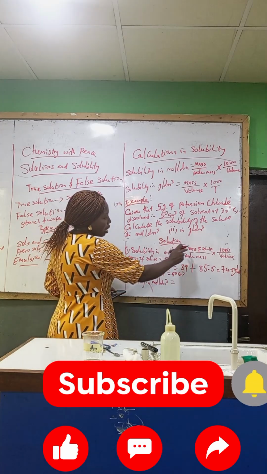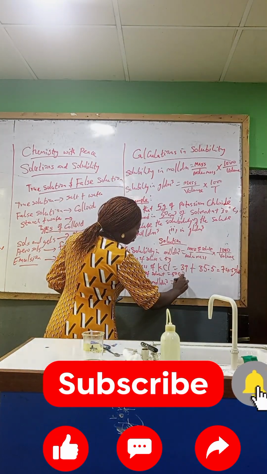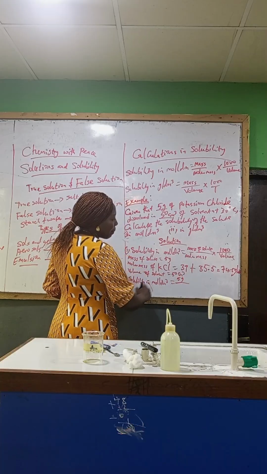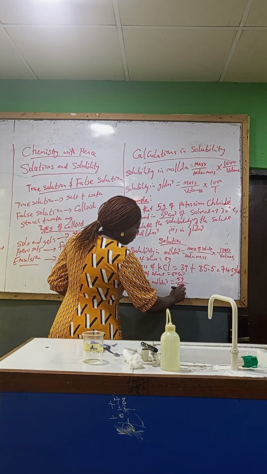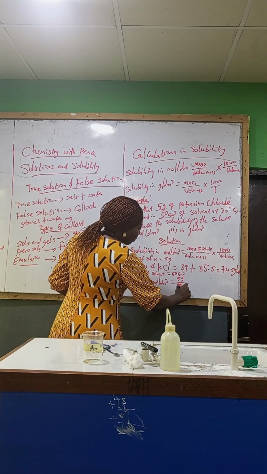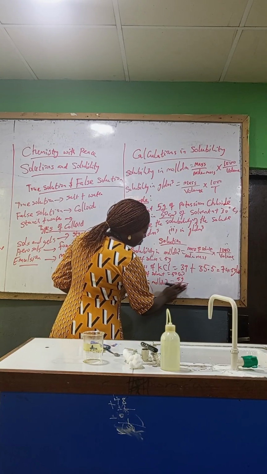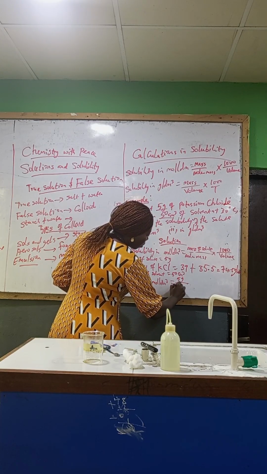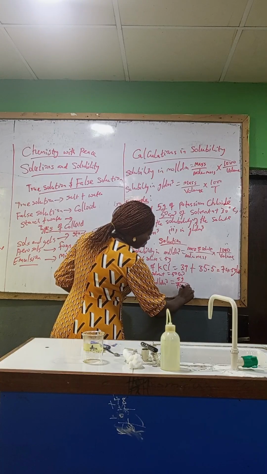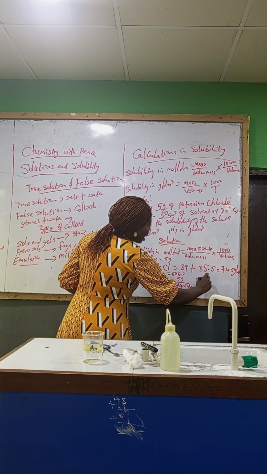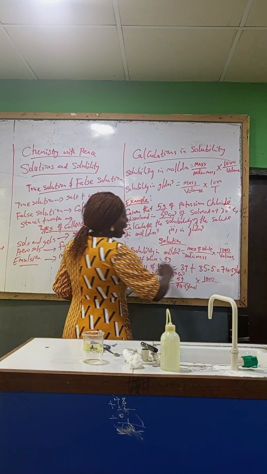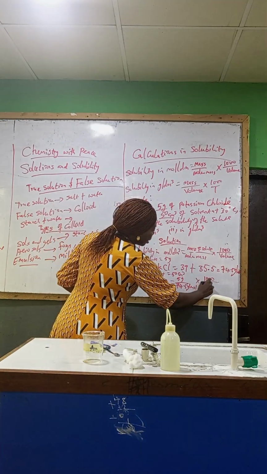Solubility is equal to the mass, which is 5 gram over molar mass, which is 74.5 gram per mole, times 1000 over our volume, which is 50.